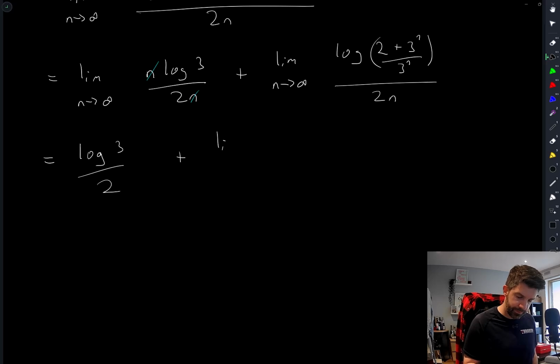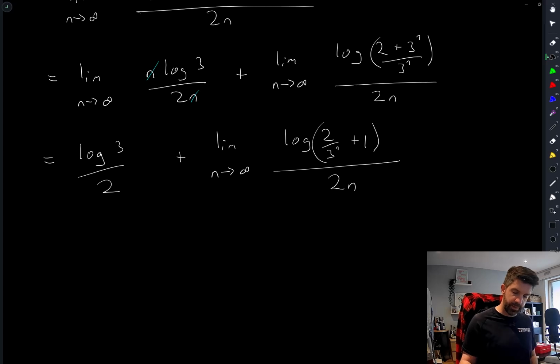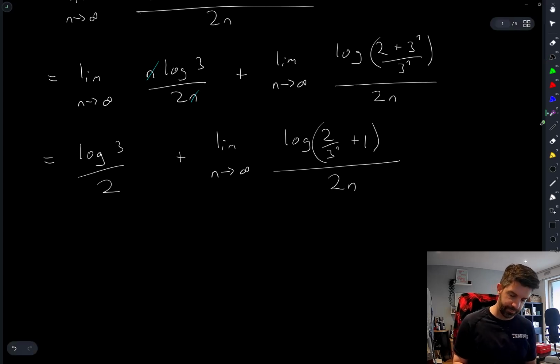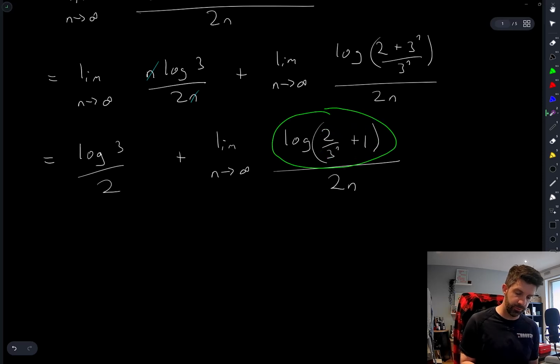And here, I'll keep this as a limit for now, but in the numerator, this becomes log of 2 over 3^n plus 1, divided by 2n. So for every value of n, this is of course strictly greater than 1. So this is a positive number, but it's decreasing with respect to n.